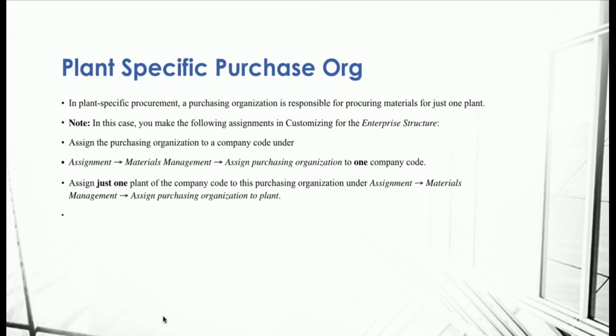In this case, you make the following assignments in customizing. You already know in assignment, materials management, you have the option to assign the company code to the plant and to assign the purchasing organization to the plant.